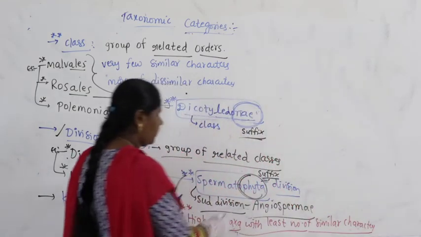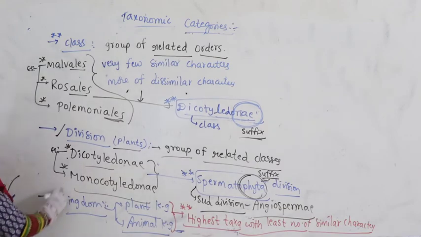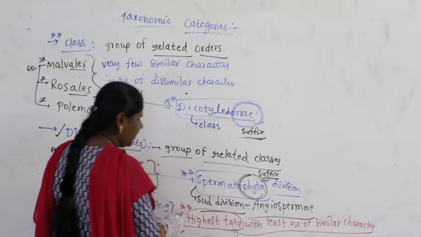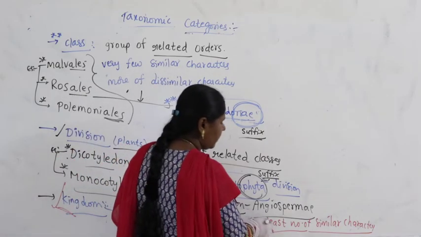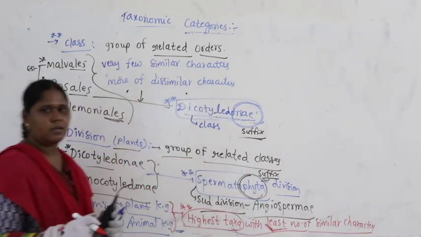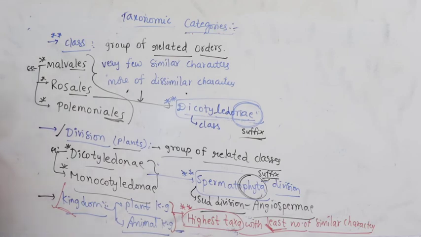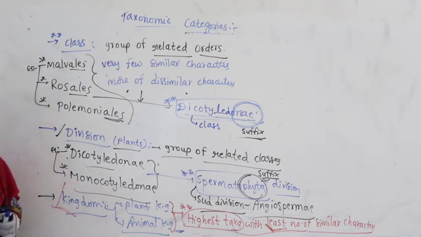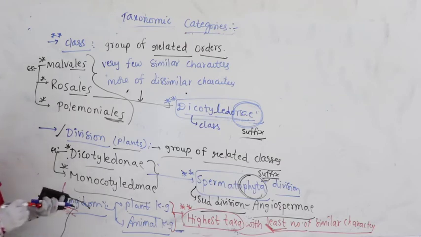Very important. Kingdom is the highest taxa, a bigger taxa, but it has very few similar characters. The number of dissimilar characteristics is higher compared with the similar characters. It is lowest in terms of similar characters but highest in terms of category. That is what we call kingdom.